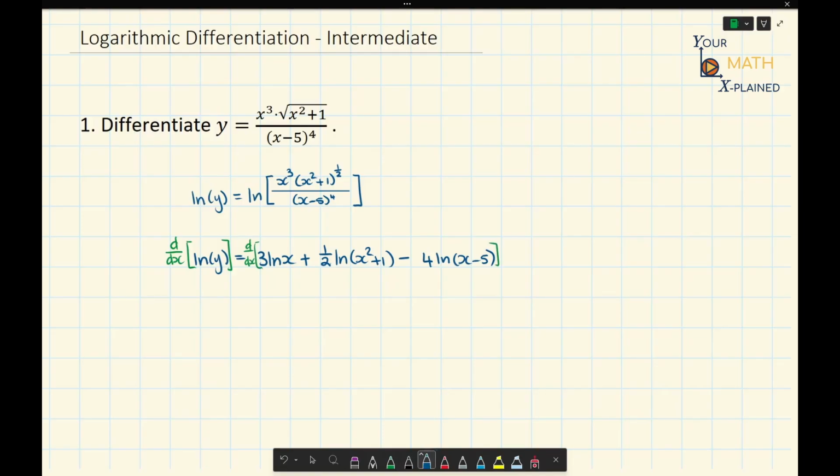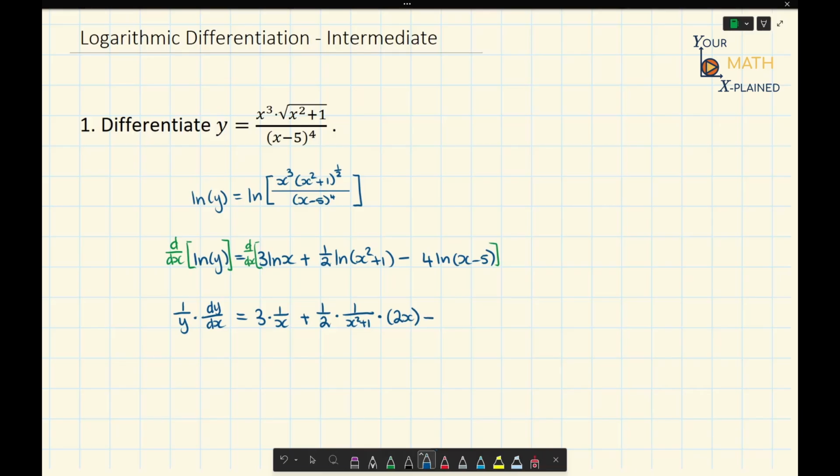So we go d by dx of this and d by dx of this. The left-hand side is going to be 1 over y times dy/dx. And then the right-hand side, we're going to get 3 times 1 over x plus 1/2 times 1 over (x squared plus 1). And then chain rule says we need to multiply this by the derivative of x squared plus 1, which is 2x.